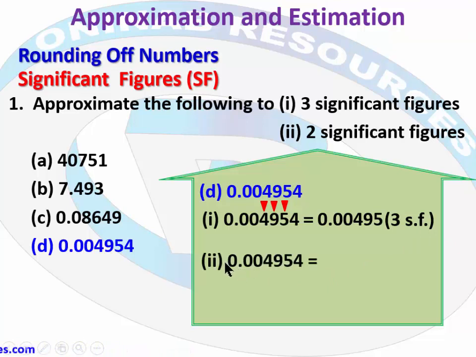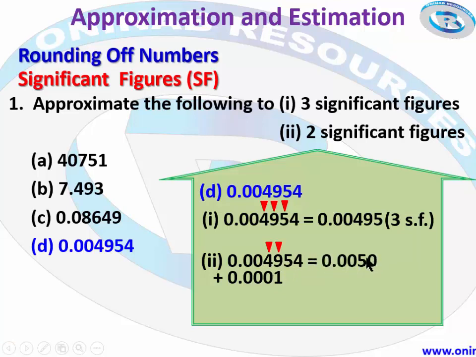Then for the second part of 1D, two significant figures. We'll be interested in 4 and 9. The next digit is up to 5. So we are adding 1 to this. So it becomes 0.0050. So at that point, the 0 after the 5 is going to be taken as two significant figures.